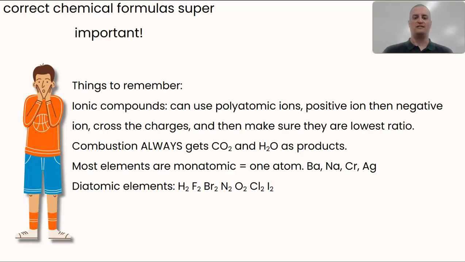Combustion always gets CO2 and H2O as products. I find this one the simplest because there's only one option. Most elements are monatomic, meaning one atom. All of your metals are going to have one. Then there's these 7 diatomic elements that you need to be aware of and be able to apply to any of these situations.